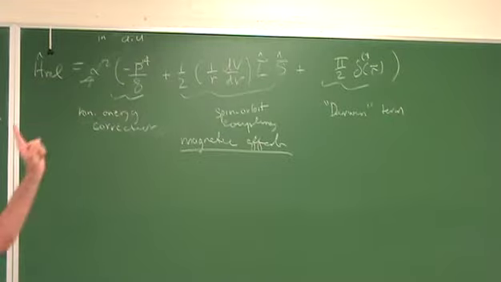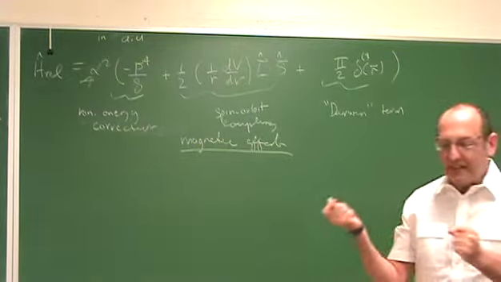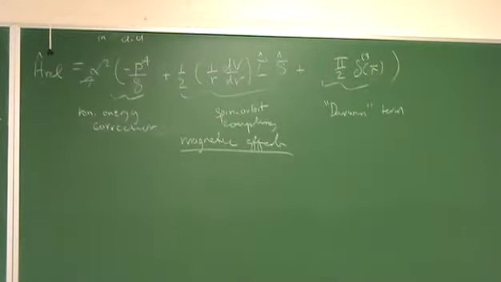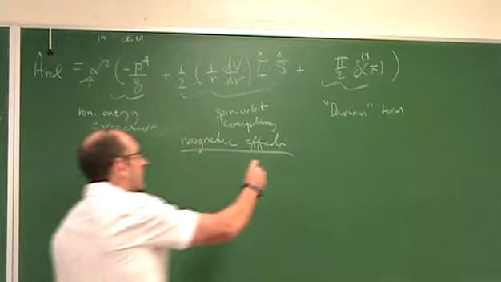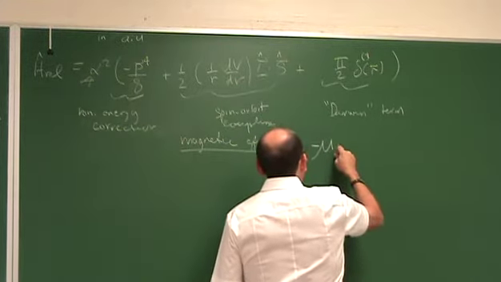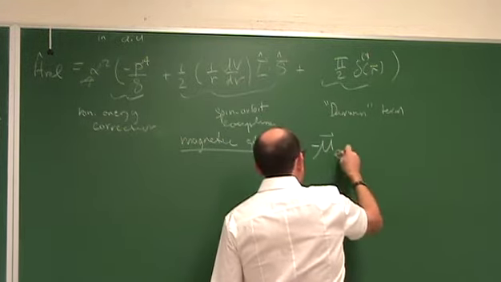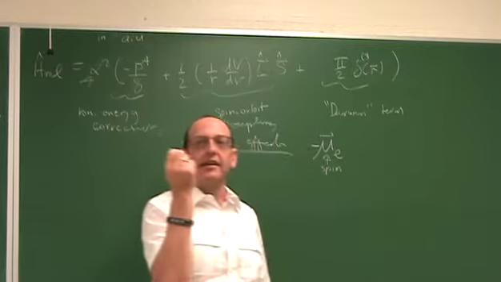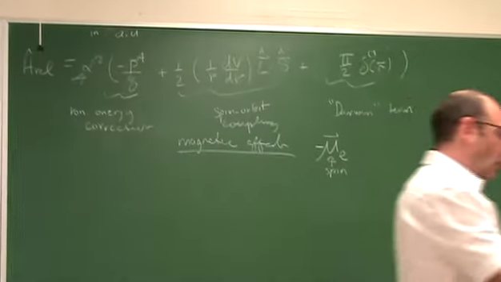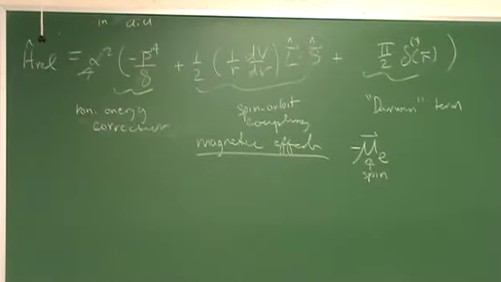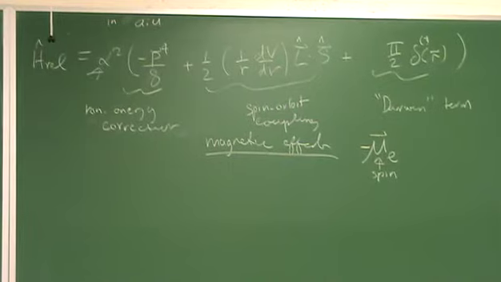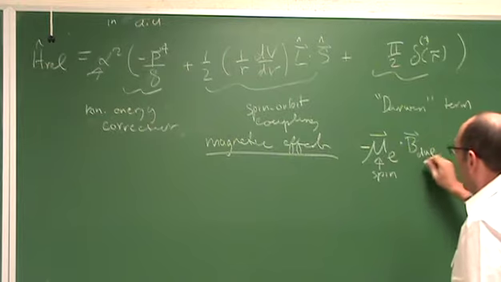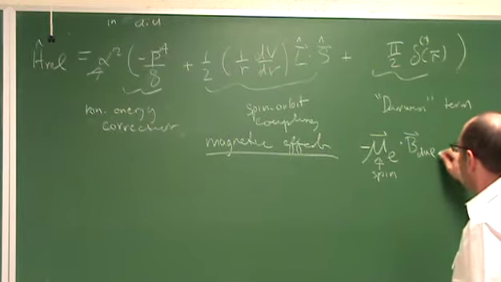So we understood the spin-orbit coupling physically as the coupling of the magnetic moment of the electron due to its spin. Because the electron is a charged particle with spin, it has a magnetic moment. And that magnetic moment interacts with the magnetic field due to the proton.